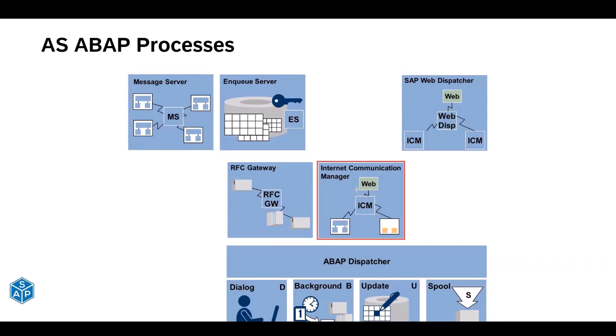But after some time, somewhere in the mid 90s, when the internet was booming, people wanted to access this application server from the internet also. Internet means HTTP protocol. HTTP protocol means HTML pages. So instead of using the SAP GUI tool, they wanted to use the system from their browsers.